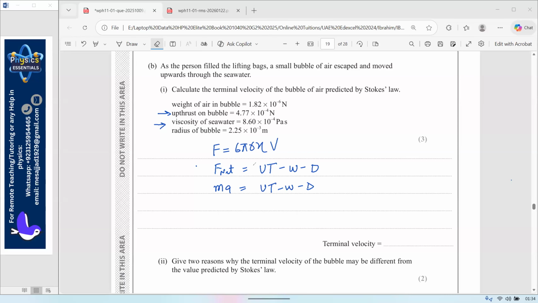Because of the terminal velocity, the sum of forces acting on the object is zero, acceleration is zero here. So you are going to put zero here.